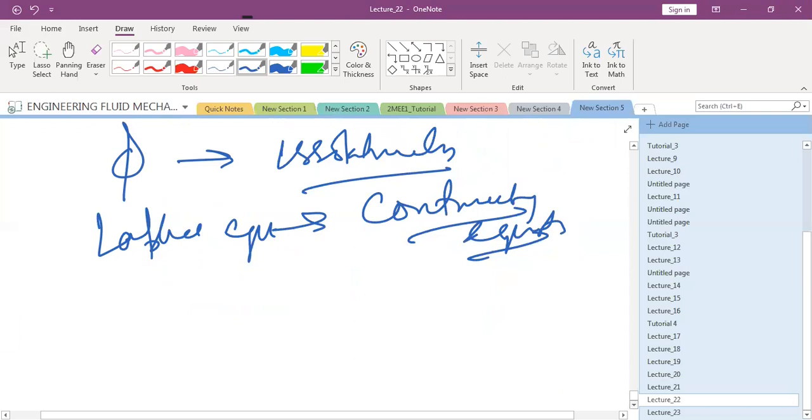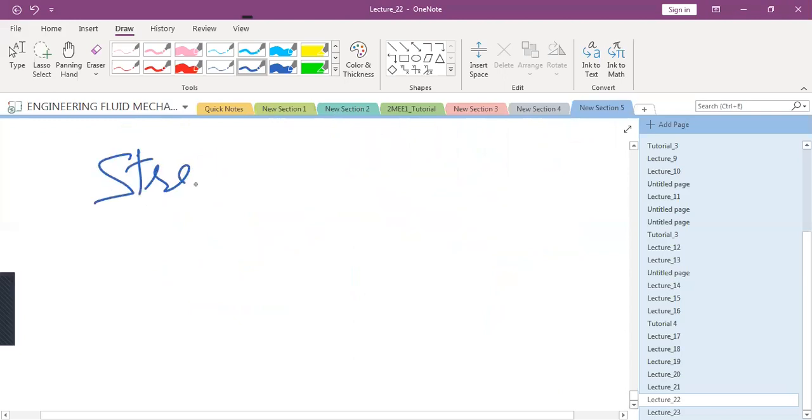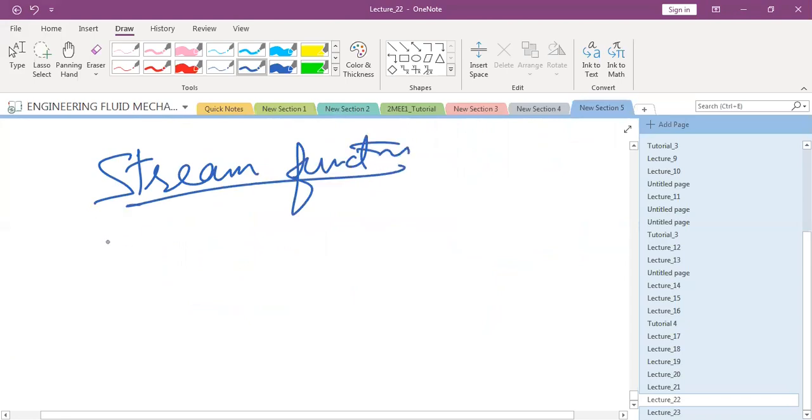Now what about stream function? What do you mean by stream function? A function which satisfies what? Stream function is a function which satisfies the continuity equation.